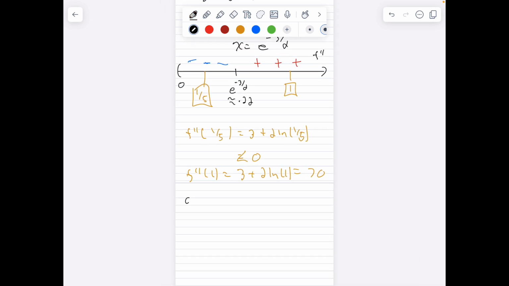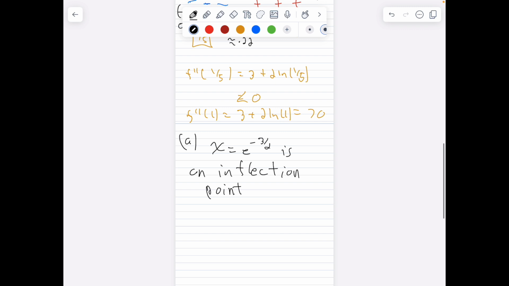So for part A, do we have an inflection point? Yes, you do. It's at e to the minus 3/2 because your function goes from concave down to concave up. And where's your function concave up?